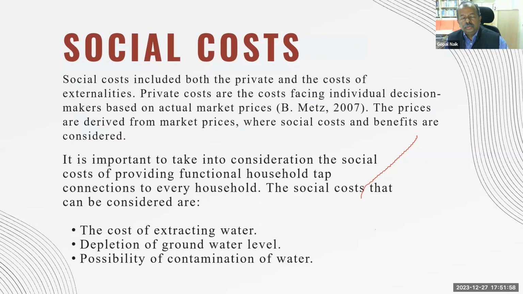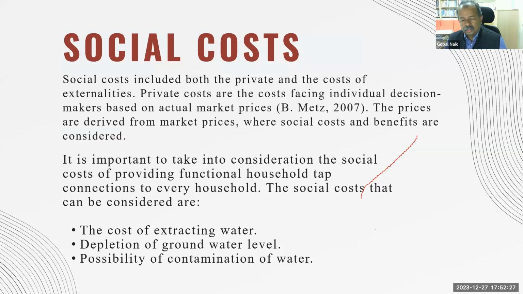We also need to keep in mind the social costs and benefits. Though we may not see a huge social cost in terms of supplying drinking water, you can understand that as we extract water from, let's say, groundwater, there could be a depletion of groundwater, and it can affect others who are using the groundwater.